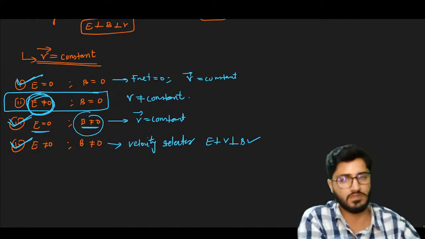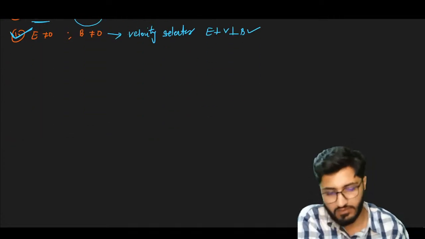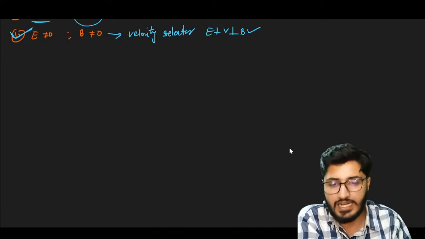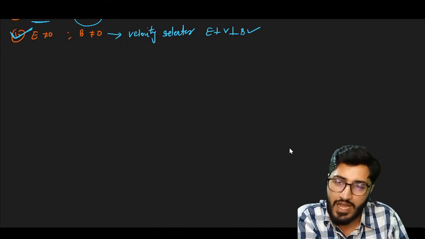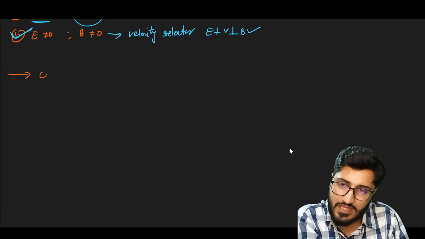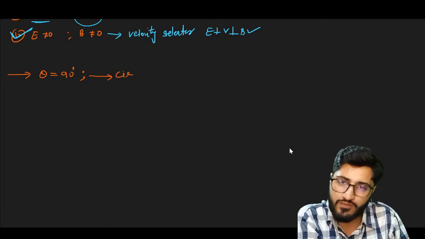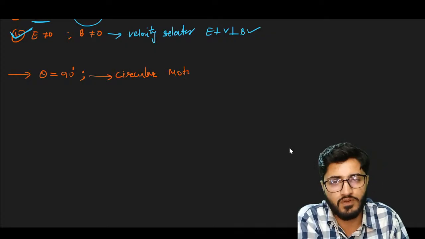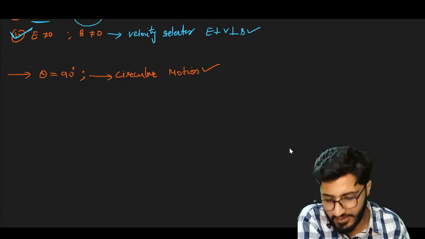Now, what had we studied in the last classes? I guess we studied that if theta is 90 degrees, there will be a circular motion. I guess we are done with this case.